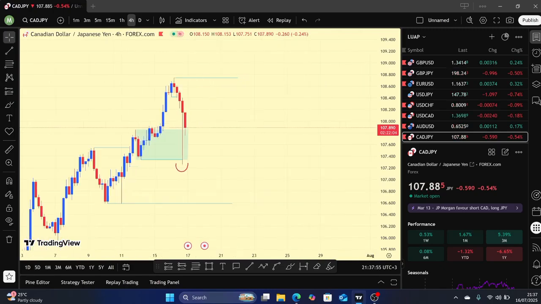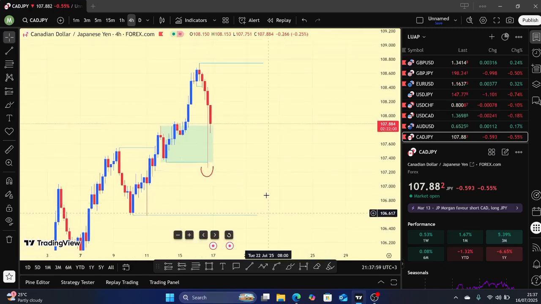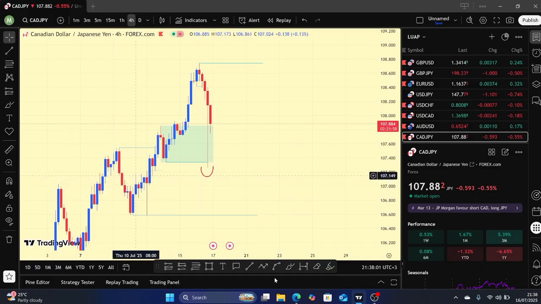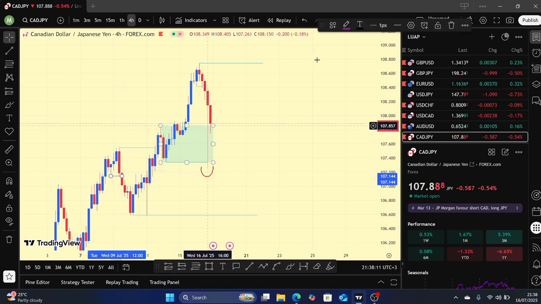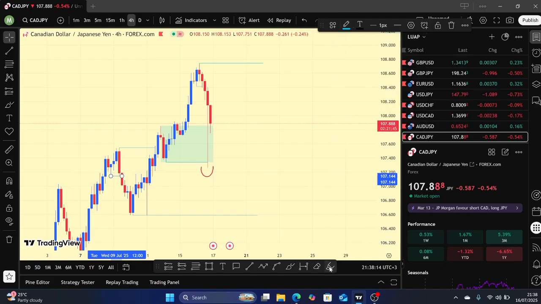So right here on this chart, this is CAD JPY. You can clearly see that price has taken out this inducement exactly right here, and this is a major inducement. After price took out the major inducement, this one here is obviously confirmed to be a swing point, and this one here also.